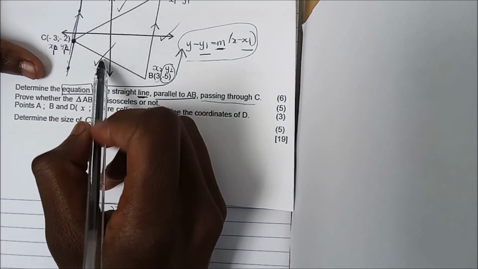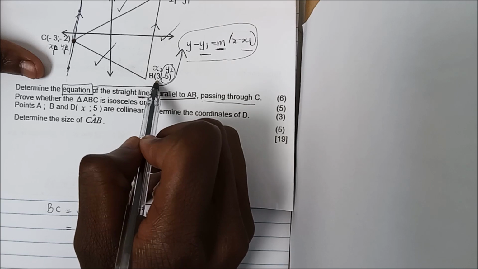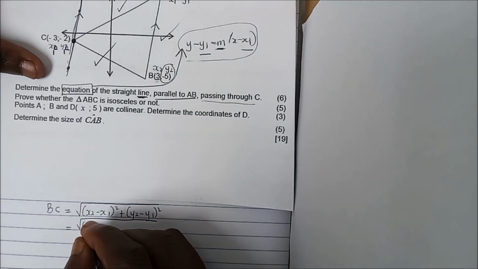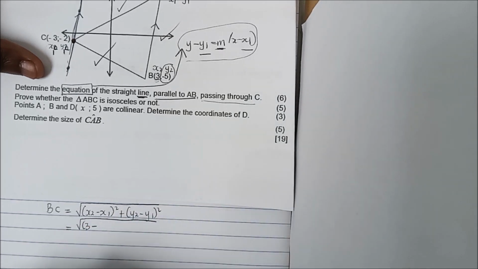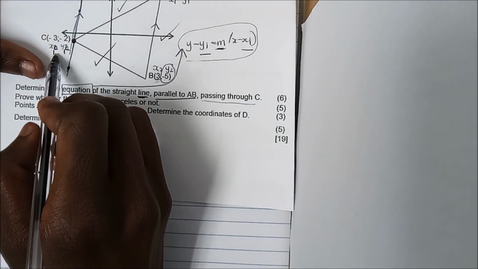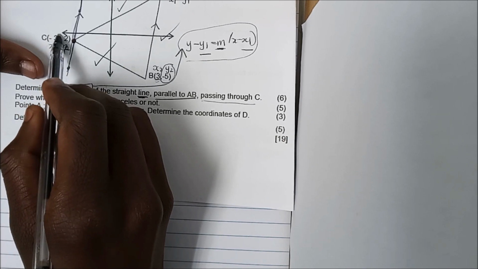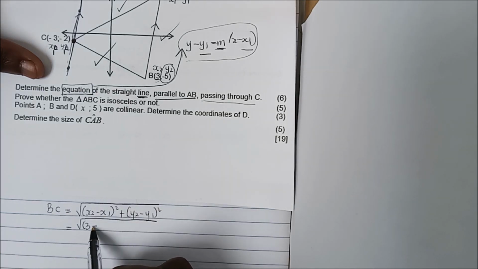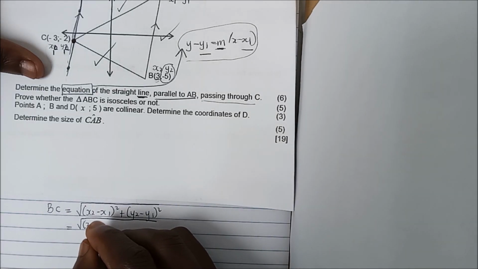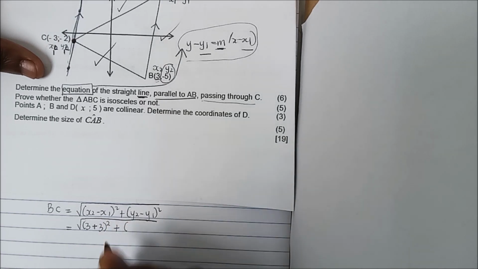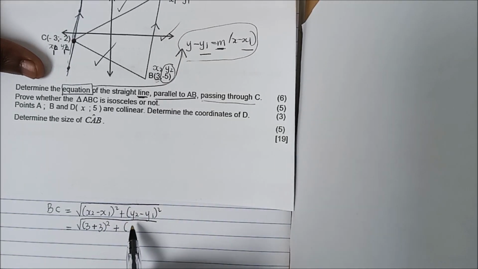So now let's go ahead and find our x2. It's clear that our x2 is 3. So we will have 3 minus, and then what's going to be our x1? Our x1 is going to be -3. So this negative and this negative will make positive. So we have +3 squared plus, and then what's going to be our y2?